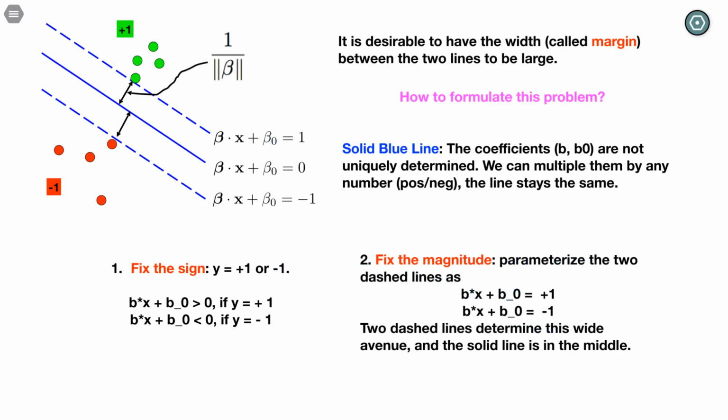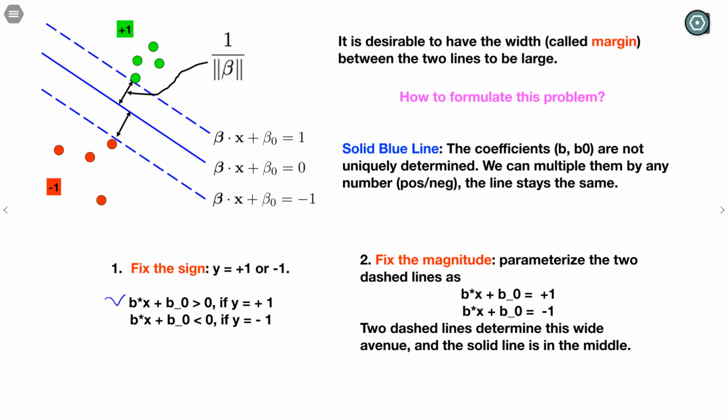How do we fix the sign? We're going to set the y value, instead of being 0 or 1, to be plus 1 or minus 1. Now, if you are from the plus 1 group, then if I take the x coordinates and plug into beta times x plus beta 0, that value should be positive.